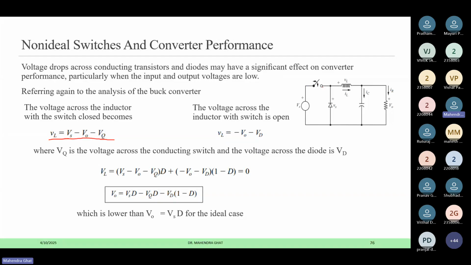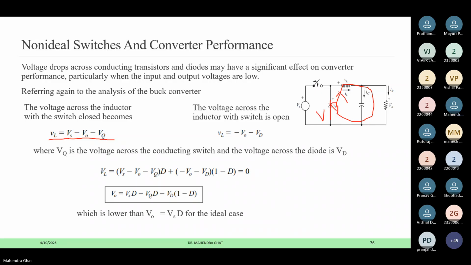So this path is already open, so there will not be any drop, but at that time the diode is freewheeling. So this is the path for the current. And again, at that time also we have considered this diode as a short circuit. There will not be any voltage drop, and the inductor voltage was then equal to minus VO. But in actual practice, it has some drop, which is equal to VD.